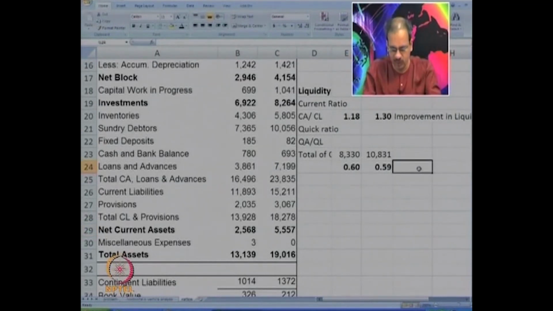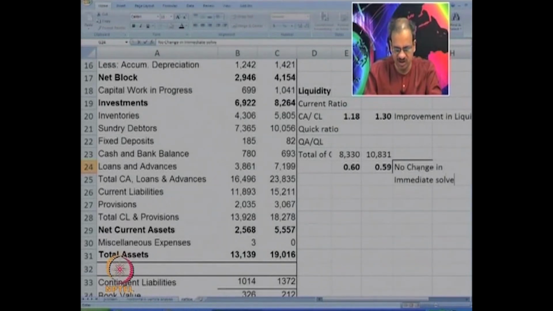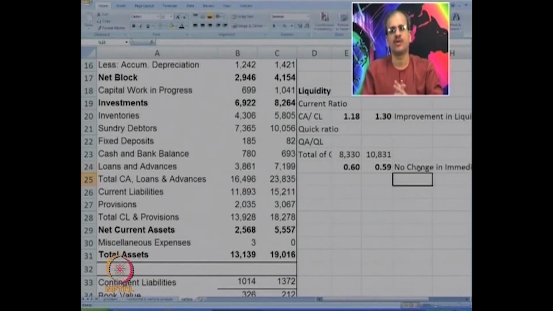Quick ratio calculates immediate solvency position. So, I can say there is no change in immediate solvency position. Just see the remark which I have written, no change in the immediate solvency position.